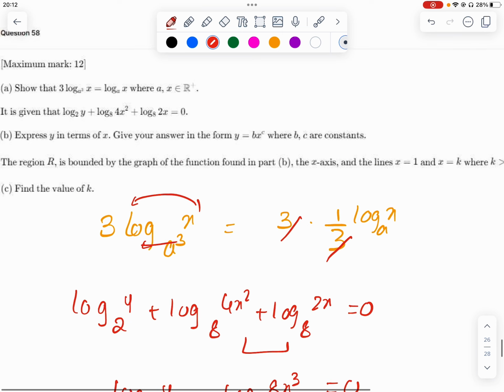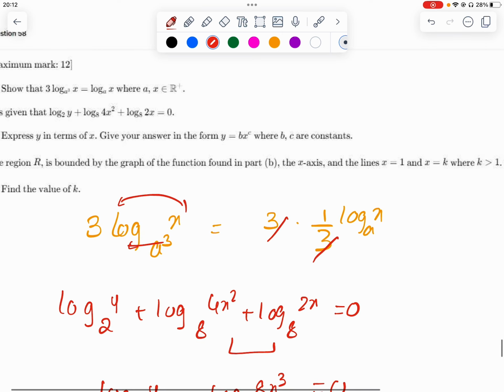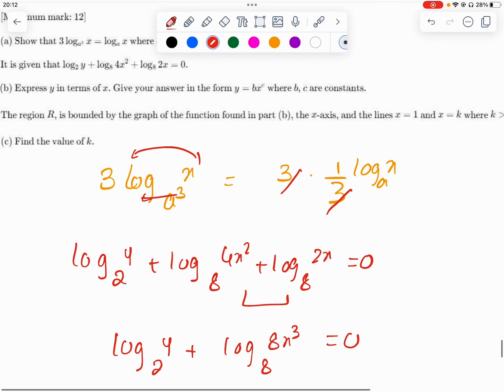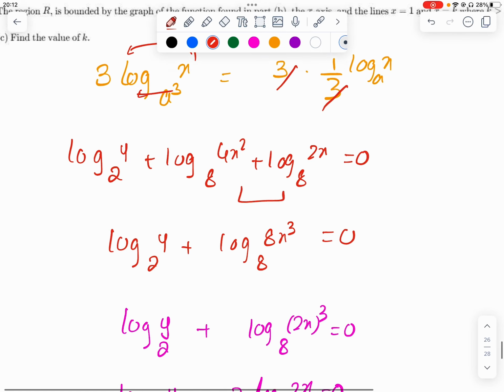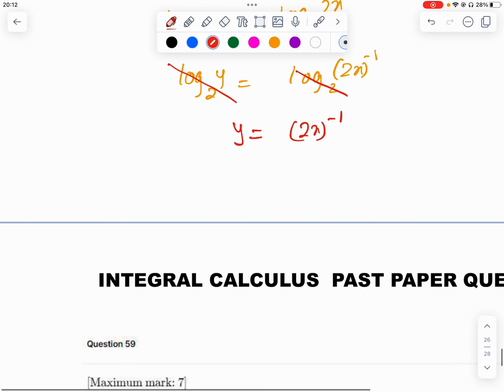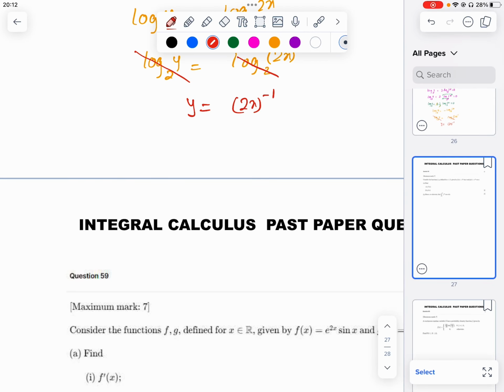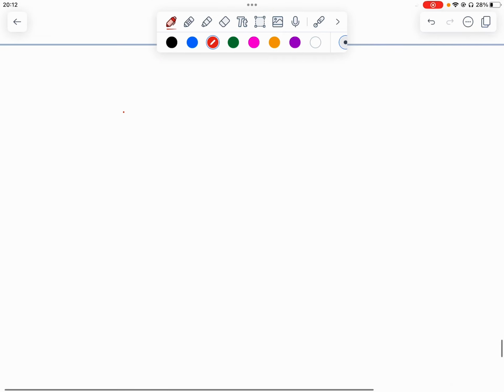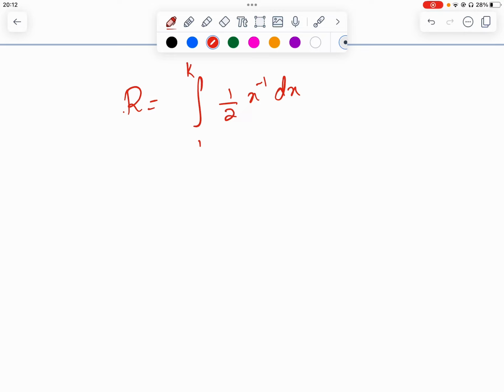Next, what has been asked? The region R is bounded by the graph, x equals 1, x equals k, k is greater than 1. The area of R is 3 upon 2, find the value of k. So I am going to find it. The area of region R equals the integral from 1 to k of 1 upon 2 x power negative 1 dx, which is 1 upon 2 ln x from 1 to k.